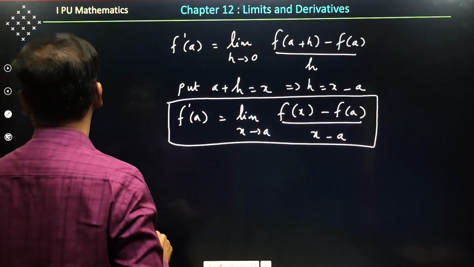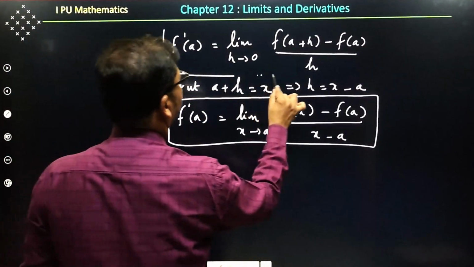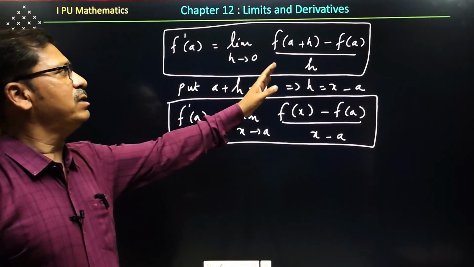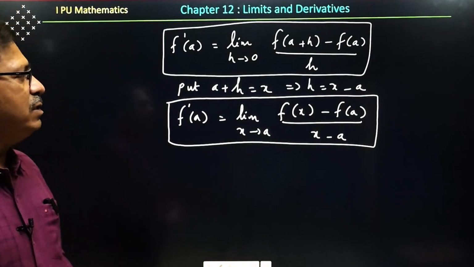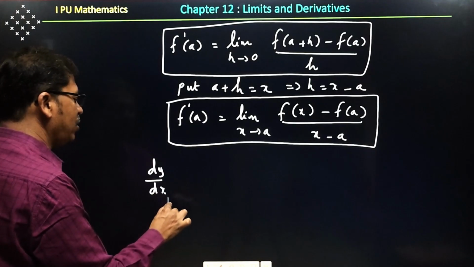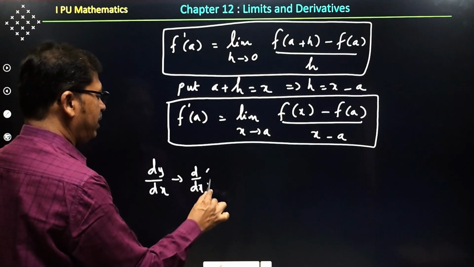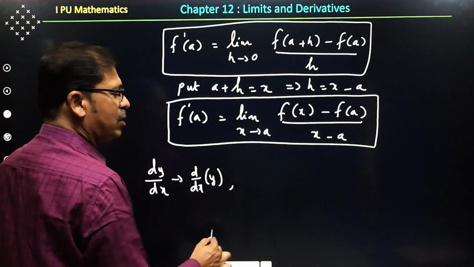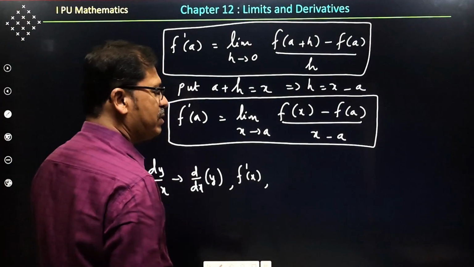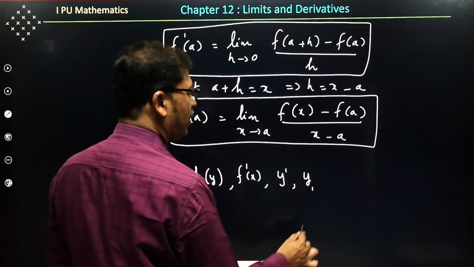So this is one thing: the derivative of the function at x equal to a, f dash of a, is defined in this manner, limit h tends to 0, f of a plus h minus f of a divided by h. dy by dx can also be represented as d by dx of y, or as f dash of x, or as y dash, sometimes y1 also.